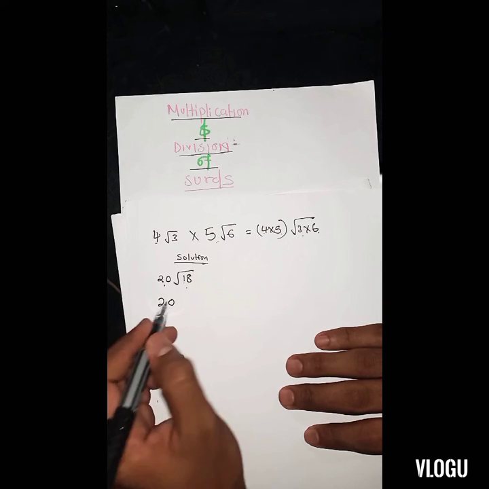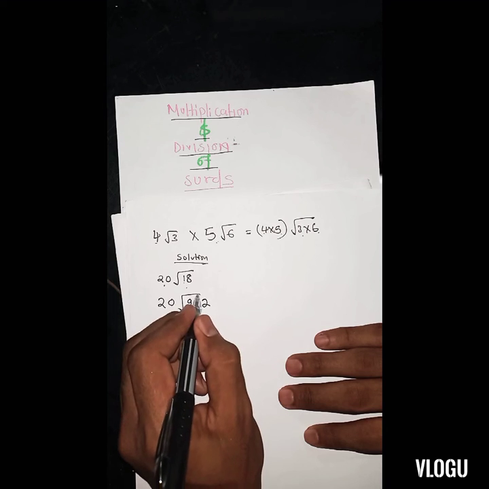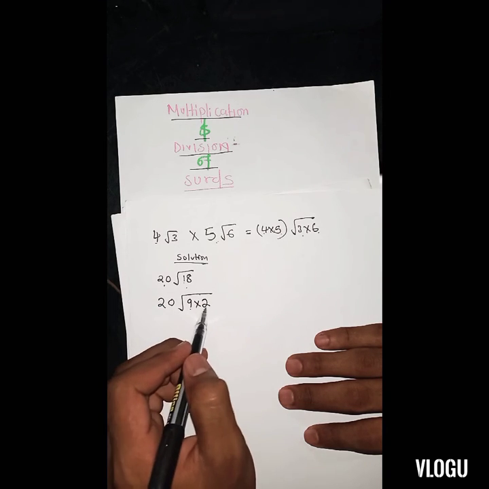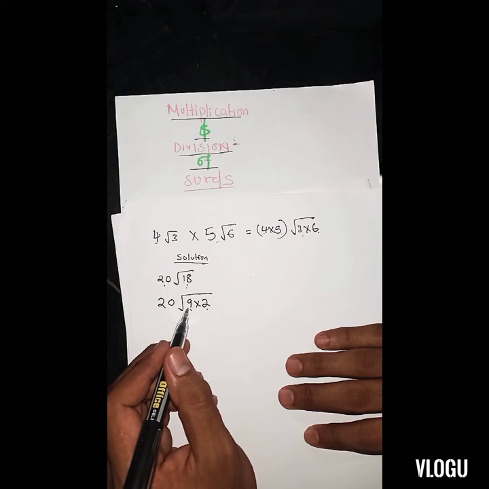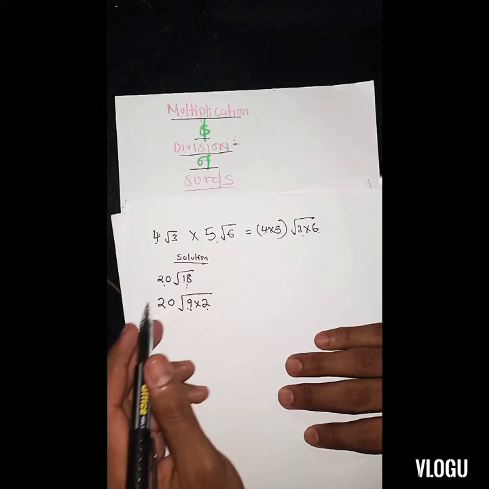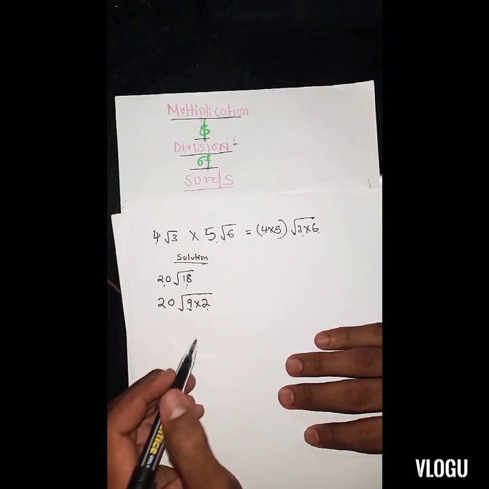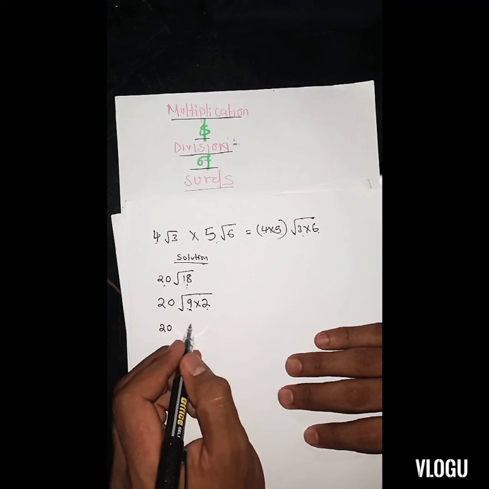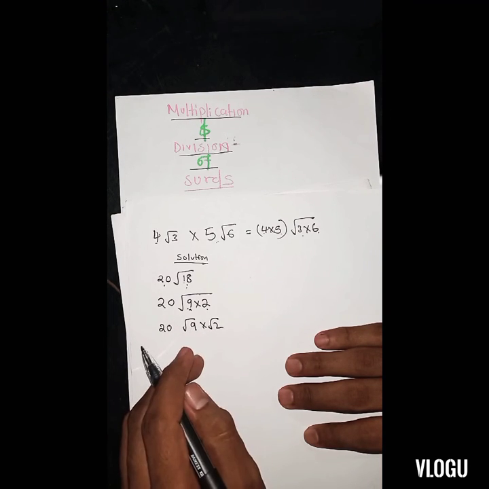Okay, I think this is how it goes. 20 root 9 times 2, meaning 9 times 2, still 18. One of the factors, which is 9, can be removed outside the root sign, meaning it is a perfect square. So we'll say 20 root of 9 times root of 2.